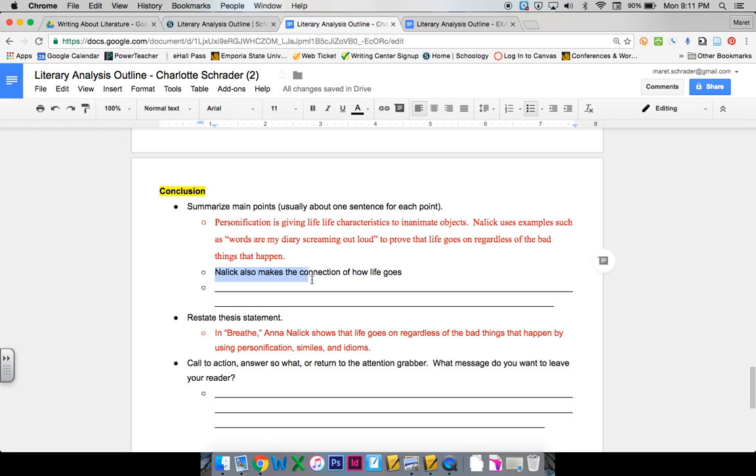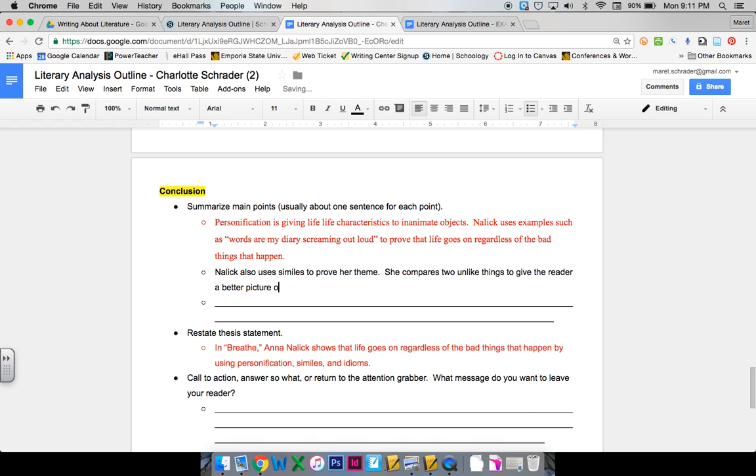So how about I say Nalick also uses similes to prove her theme. She compares two unlike things to give the reader a better picture of what is happening in the story. So something like that, okay?